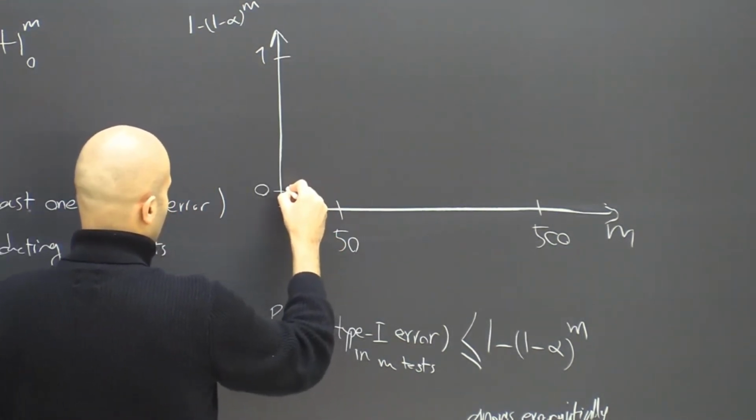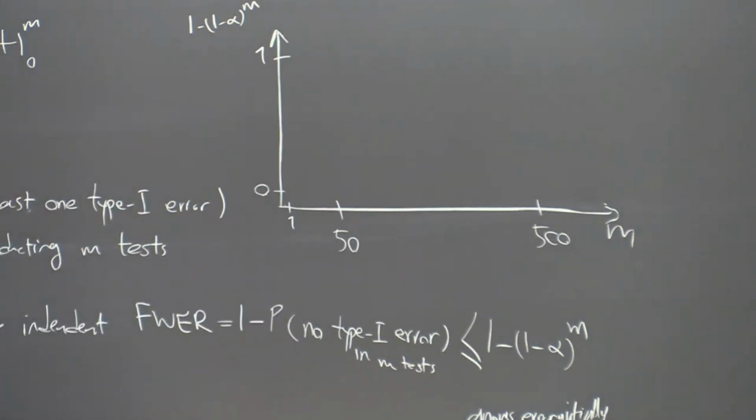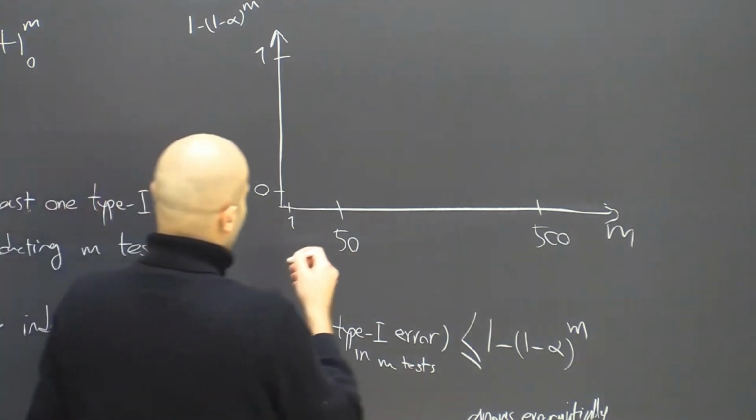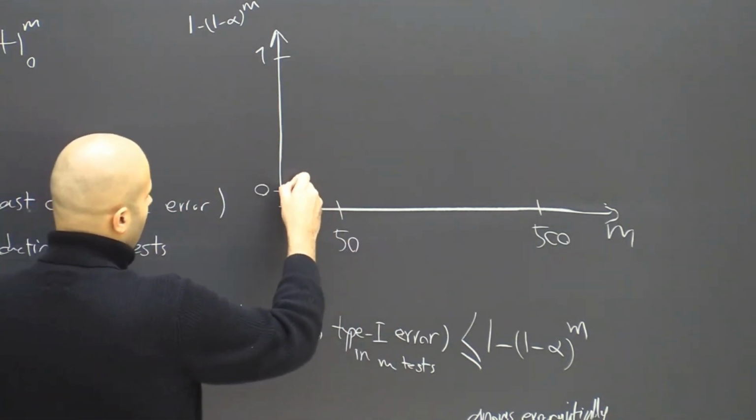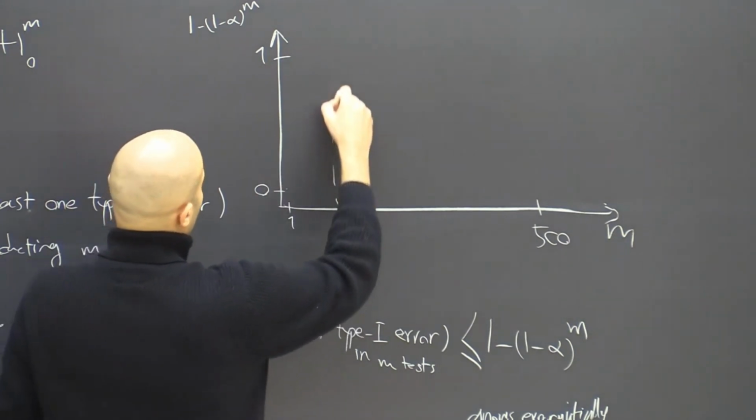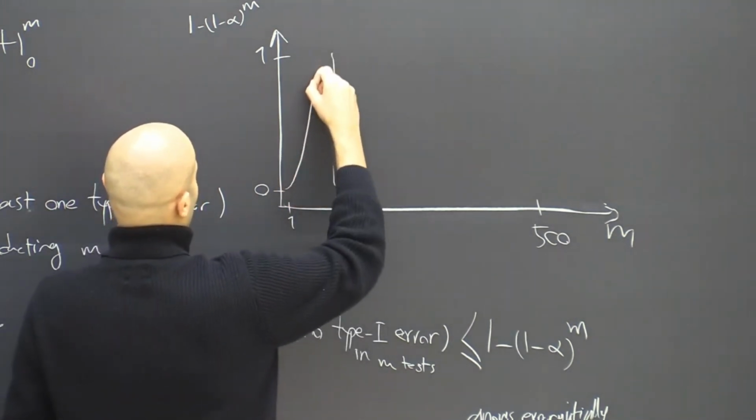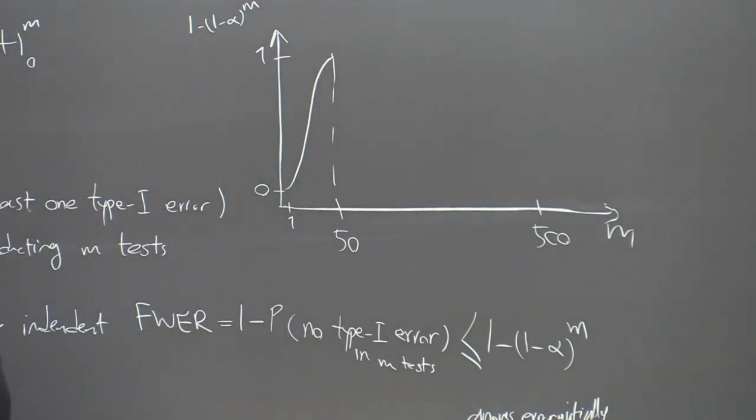So if we use alpha equal to 5%, and for each p-value that we get, we reject when it's less than alpha, all the way to the last test, where m, the number of tests, is 50, we're going to reach something almost equal to 1, which means that the error rate is almost equal to 1. So we certainly make a false positive error. Is it clear?